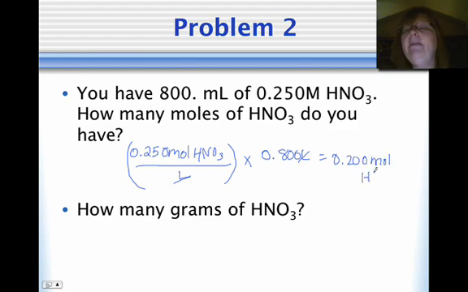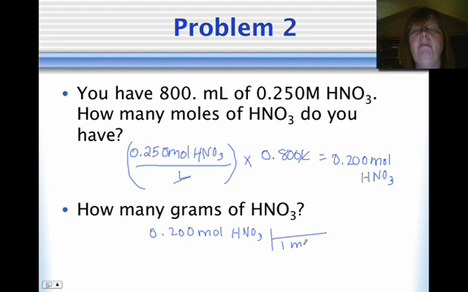Now, sometimes a problem will want you to take it one step farther, and this is going to be reviewed. They may say, how many grams of nitric acid is that? And that should not be a problem after our last unit. You have 0.2 moles of nitric acid, and to get to grams, you multiply by the molar mass.